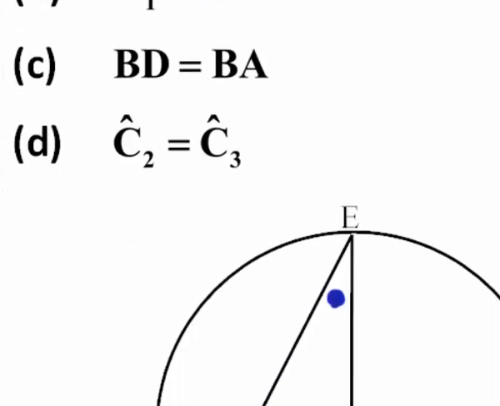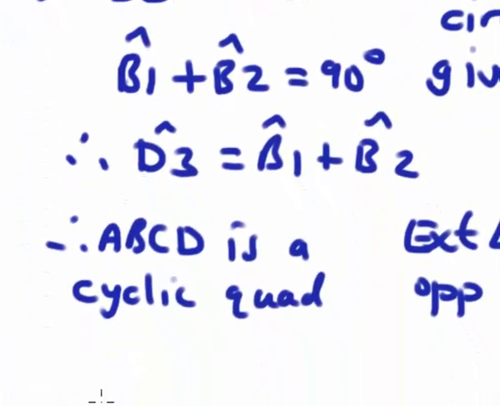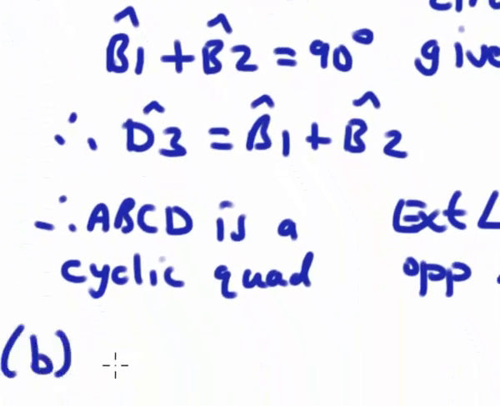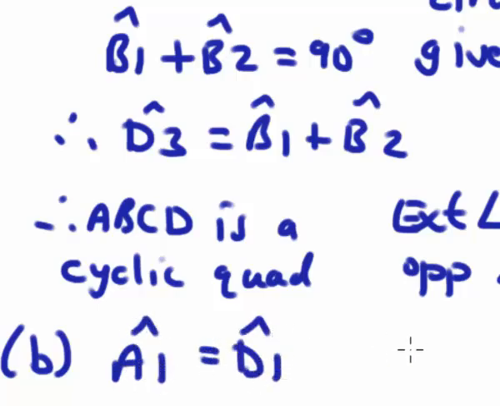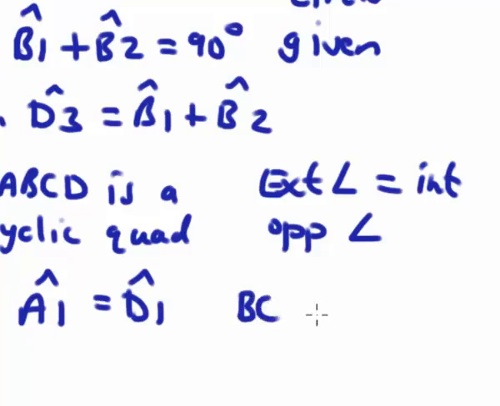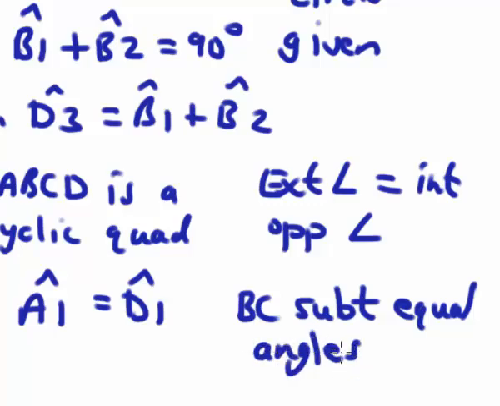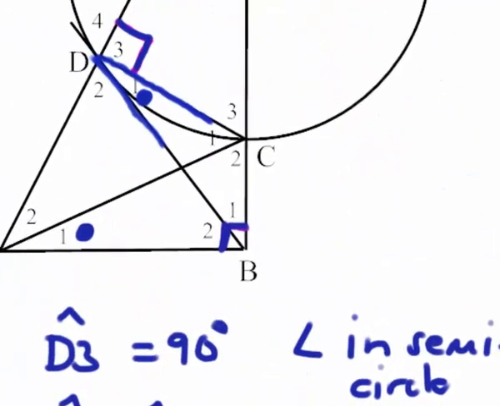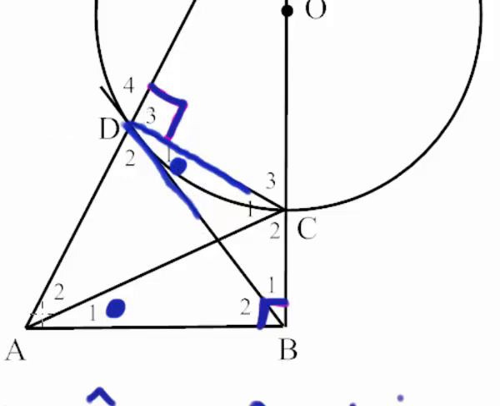Look at that. So let's write out the proof. I love this geometry. Let's start with A1. We can say A1 is equal to D1, the reason being that arc BC subtends equal angles at the circumference there. So you could draw the circle through there. We're not going to do it, but we know that it's a cyclic quad.